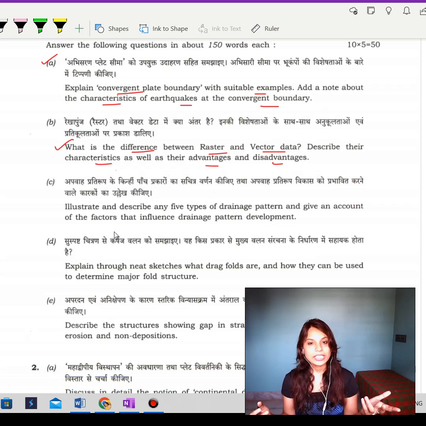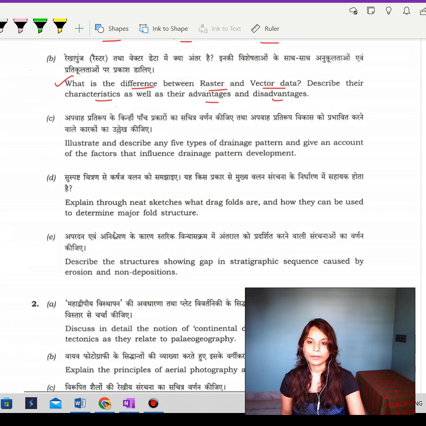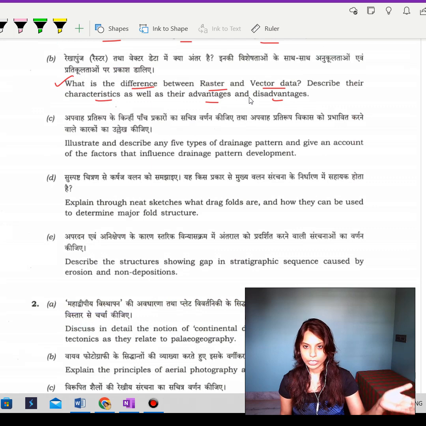Some examples of qualitative data might be color, gender, types of materials, or any kind of non-numeric variable. Now we are going to talk about the advantages and disadvantages of qualitative data. So let's move over to that.